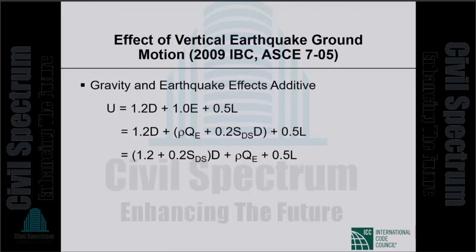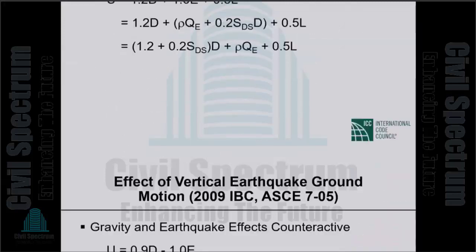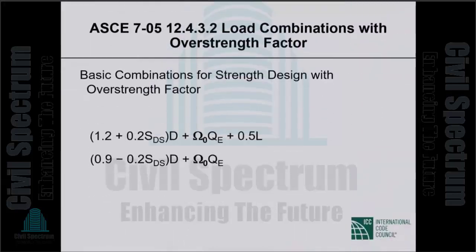Earthquake effect is a combination of horizontal earthquake effect and vertical earthquake effect. The horizontal earthquake effect is rho times the effect of the code prescribed seismic forces, and the vertical earthquake effect is 0.2 S sub ds times d.